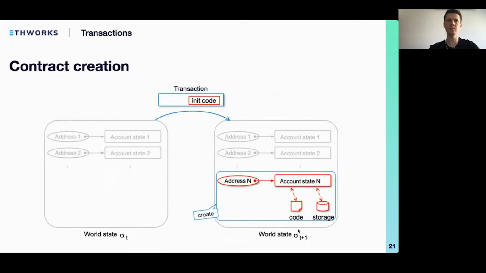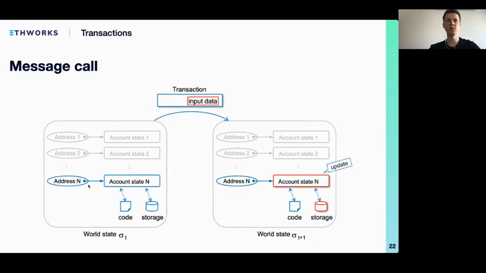So here you have another slide that shows that a transaction containing initialization code can create a new contract account that has its source code and its storage. A message call, on the other hand, can, given some input data, update the storage of an existing contract account.